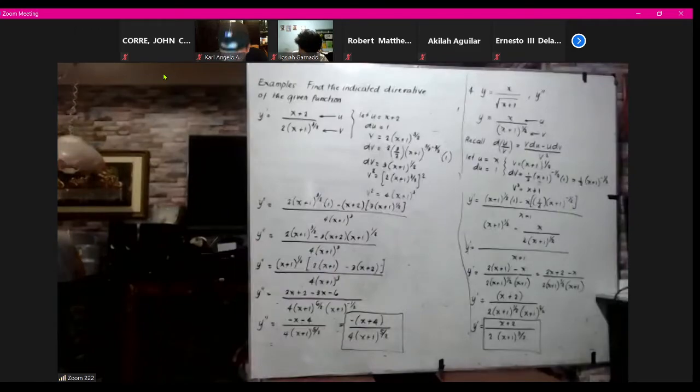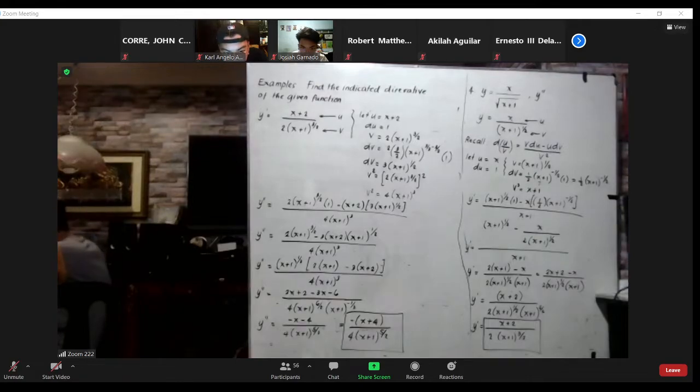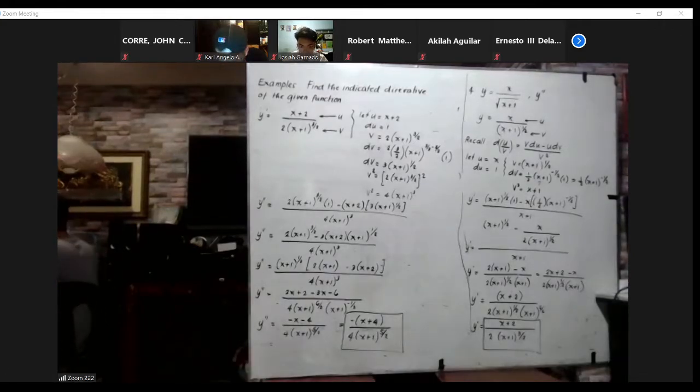Okay. So, nakuha na. x plus 2, then du equals 1. v is equal to 2 times x plus 1 raised to 3 halves. Derivative is 2 times 3 over 2 times x plus 1 raised to 3 over 2 minus 2 over 2 times 1. dv is equal to 3 times x plus 1 raised to 1 half. Okay, v squared is equal to 4 times x plus 1 cubed.